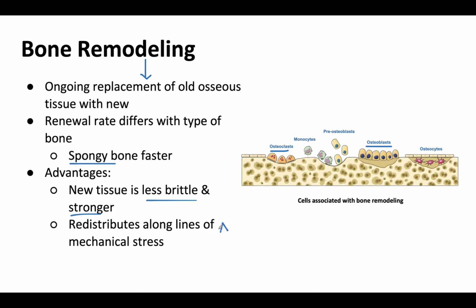But also importantly, bone will remodel in response to demands placed on it, meaning that if you subject a bone to heavy loads, such as in weightlifting or other activities like trail hiking, that will produce osseous tissue that is thicker and stronger than the old osseous tissue along those lines of mechanical stress. And that can change throughout your lifetime.